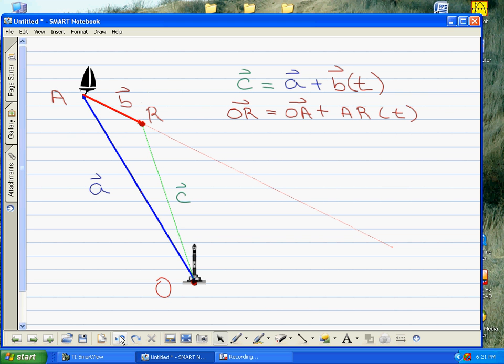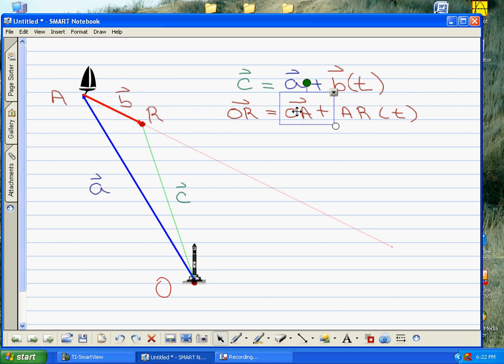Now in order for me to compute something, I need points. So what I do is this. The lighthouse, I'll call point O. The initial position of the boat, I'll call point A, and the direction the boat is going, I'll call point R. So the blue vector, which is known as vector A, is vector OA, which I have right there.